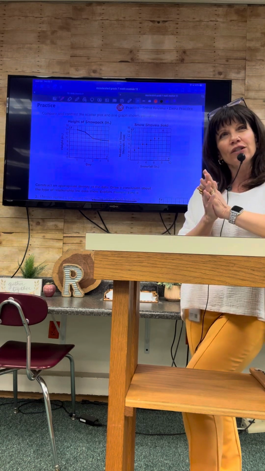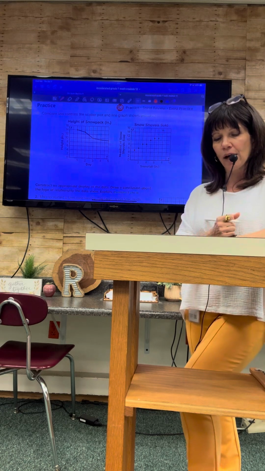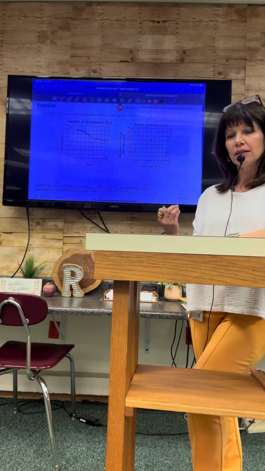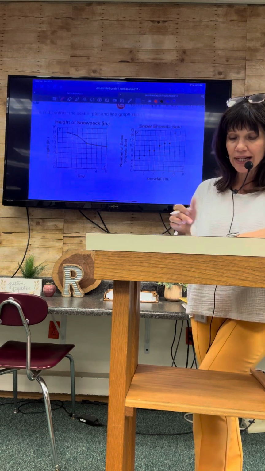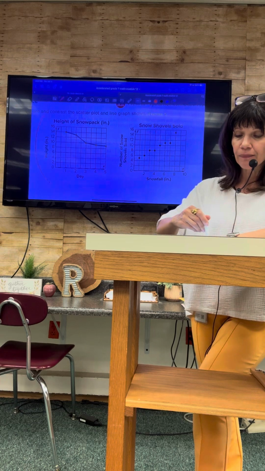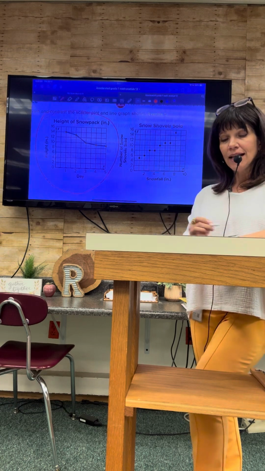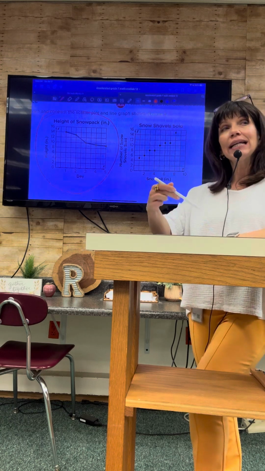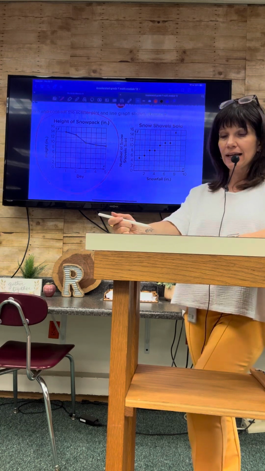Now, as you look at these two, I do want to point something out. One of them deals with elements of time, one of them does not. The first one is called a line graph. It showcases that a certain number of inches of snow exist on each day that they are writing the data.